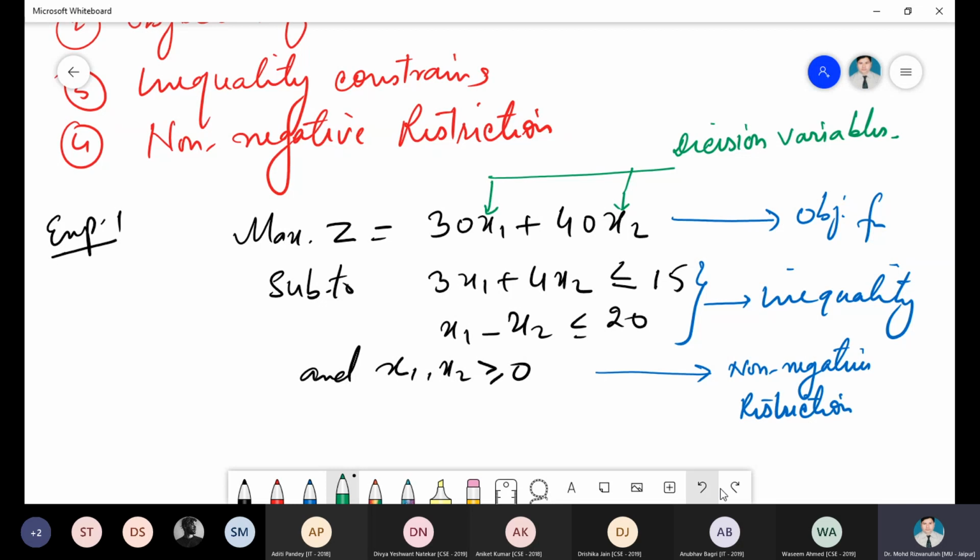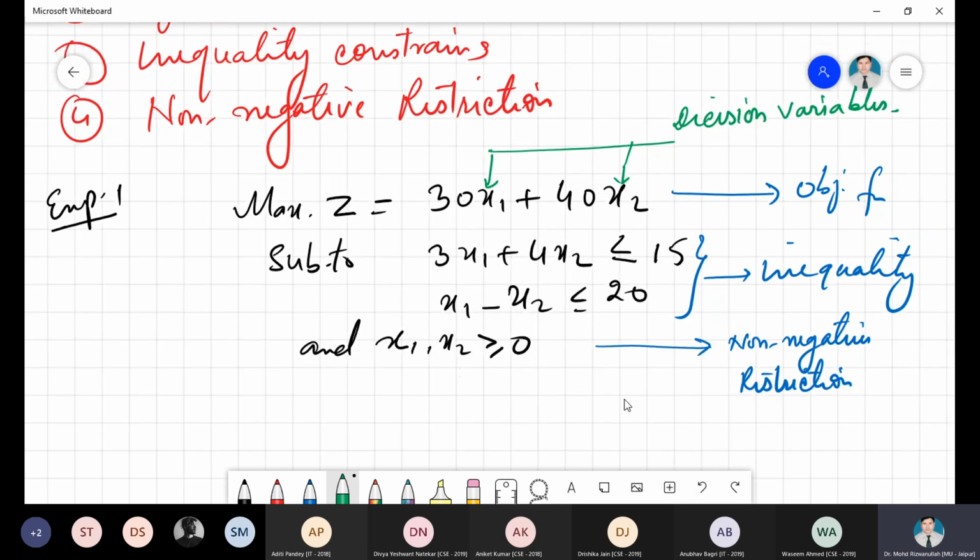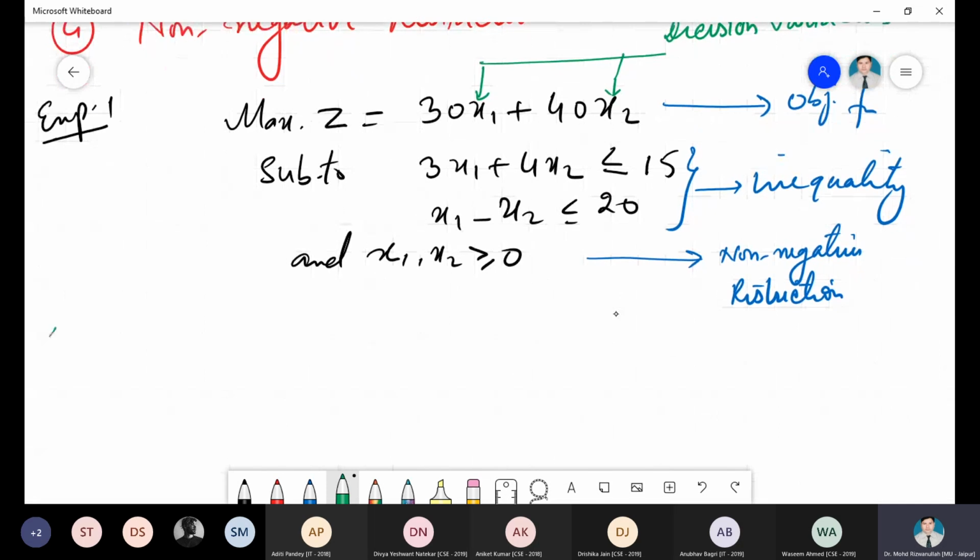All right. So if a linear equation is there, now see, I'm also writing another form of the equation. Suppose I'm writing here example 2.